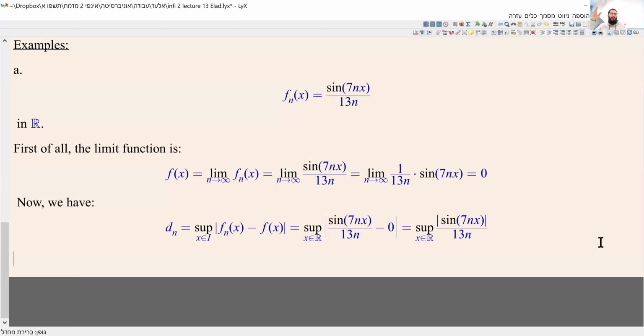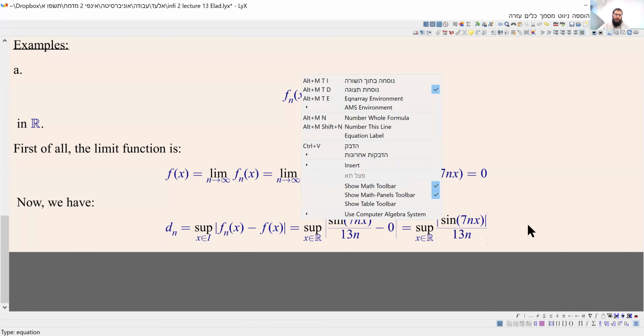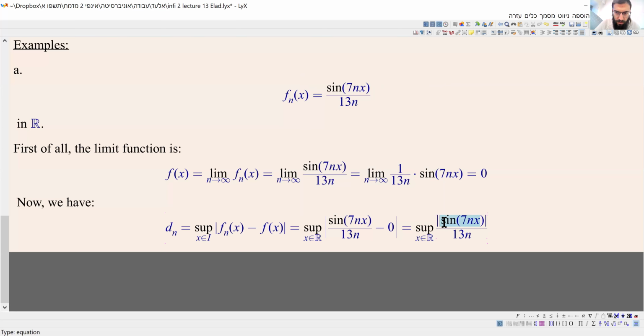We know that sinus is bounded by 1, and there are values of x for which the sinus is 1: x is pi above 2 above 7n, which gives us exactly sinus of pi above 2, which is 1. But on the other hand, what we need to know is not necessarily what dn explicitly is, just if dn goes to 0, yes or no.